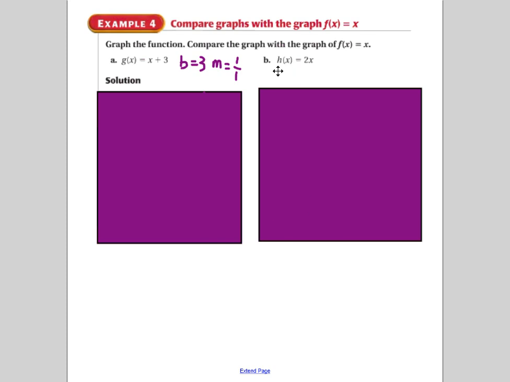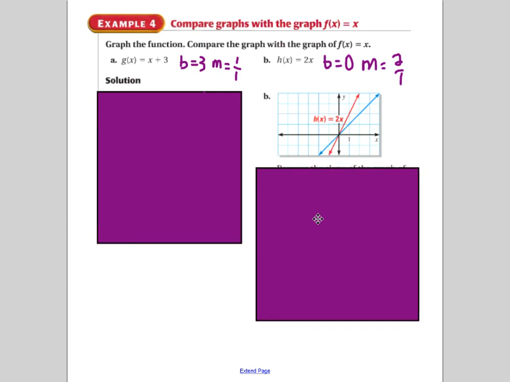All right, so then let's look at another example. We have h of x equals 2x. So in this case, I know that my intercept is 0 because I don't have a plus anything. And my slope is going to be 2, or I'm just going to write it as 2 over 1 so I can see my rise and run. So then if I were to graph my line, again, the blue line is the parent function. The red line, remember I started at 0 because that's my intercept.